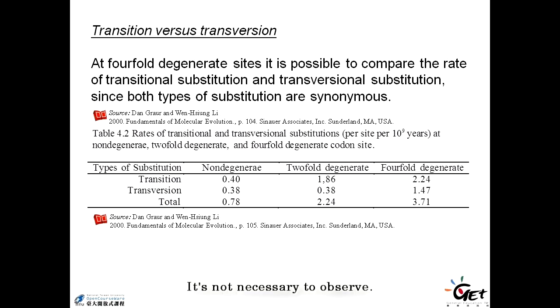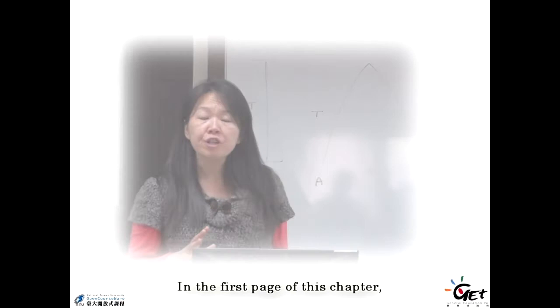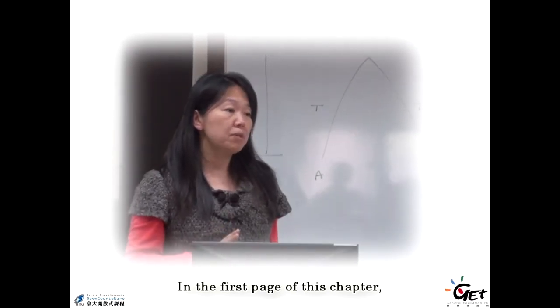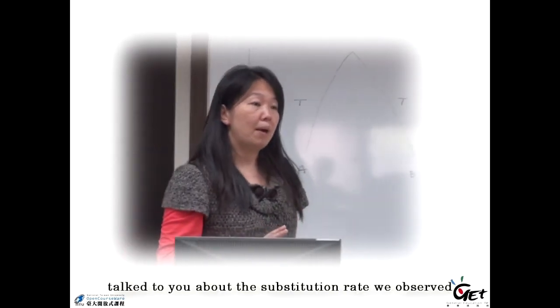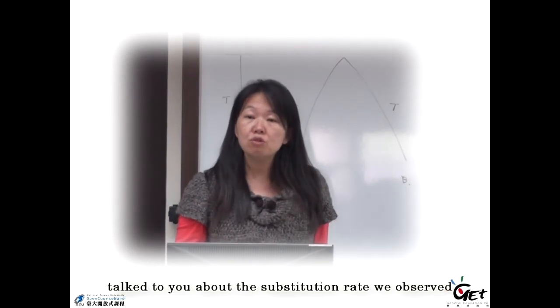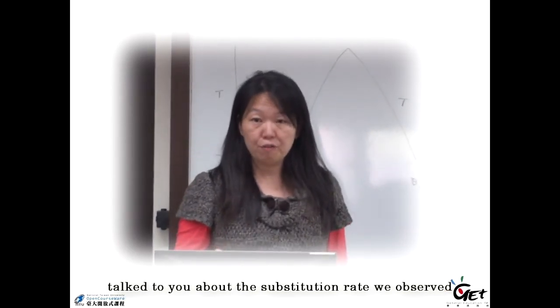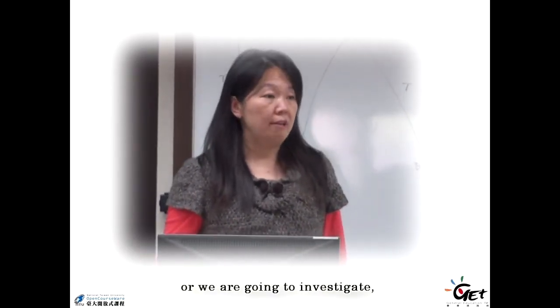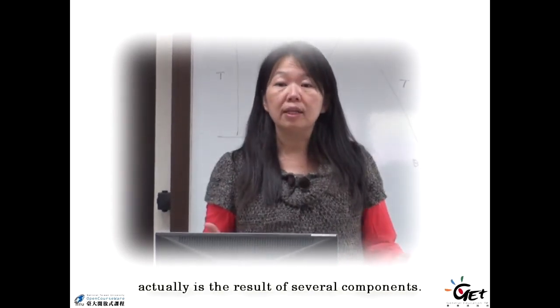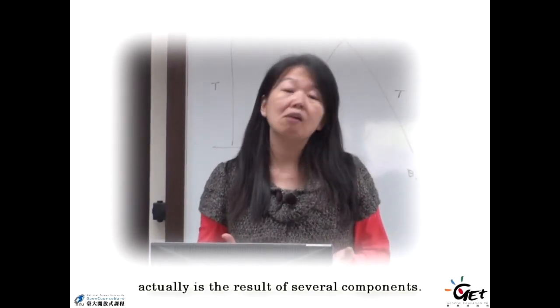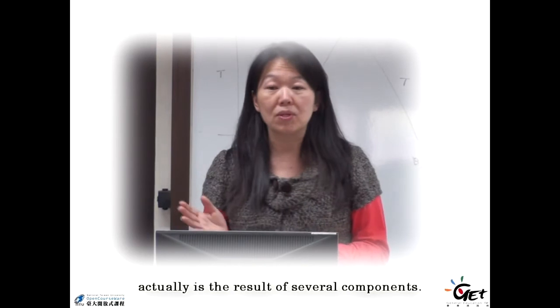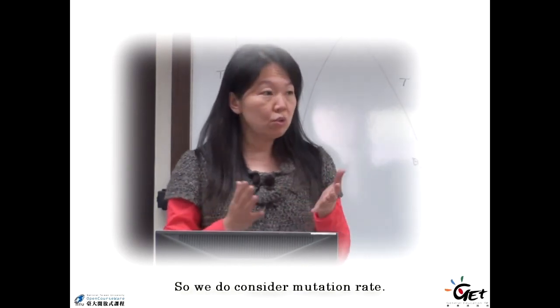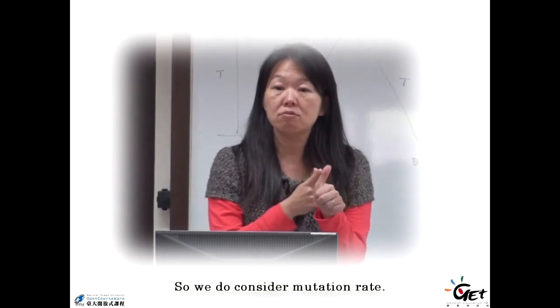So that's why I say it's more frequent to be observed. In the first page of this chapter, I talked to you about the substitution rate we are going to investigate. Actually, it's the result of several components. We do consider mutation rate.